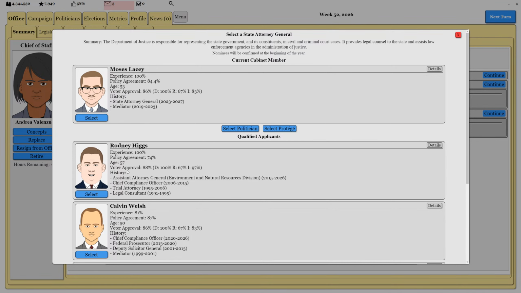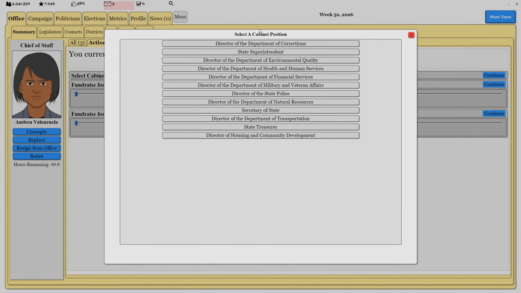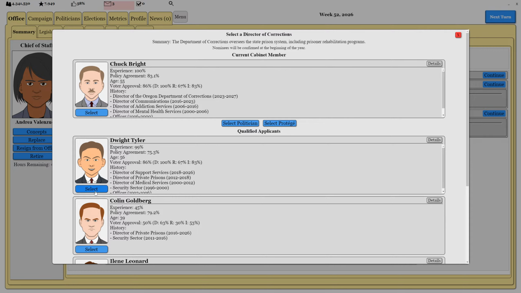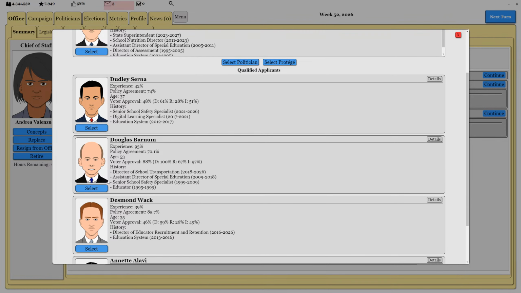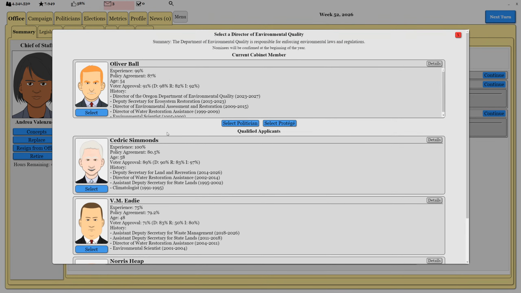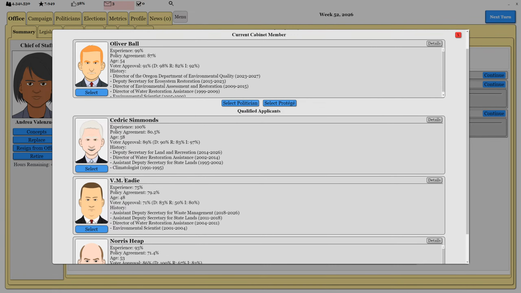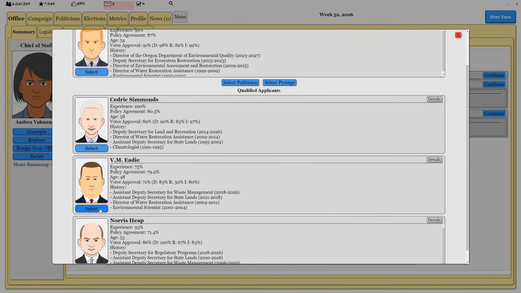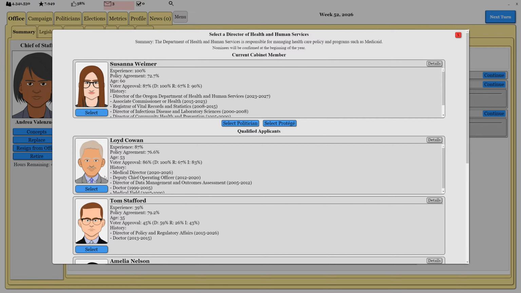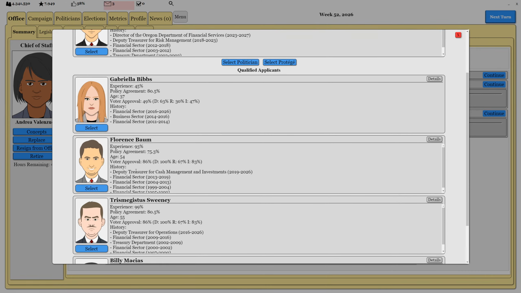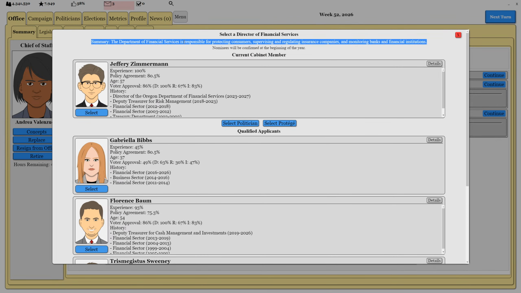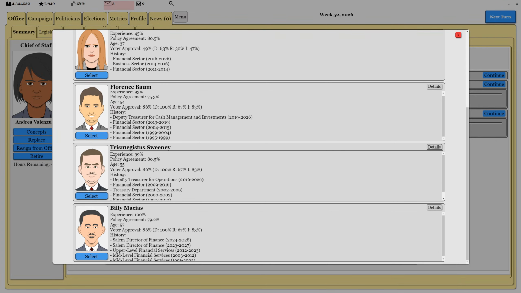Attorney General. Protecting consumers, supervising and regulating insurance companies, and monitoring banks and financial institutions.